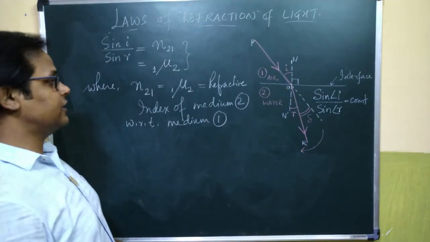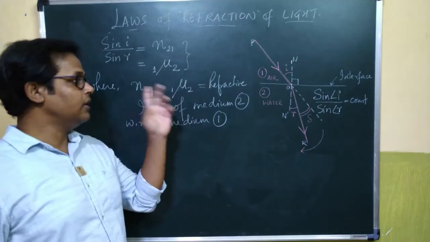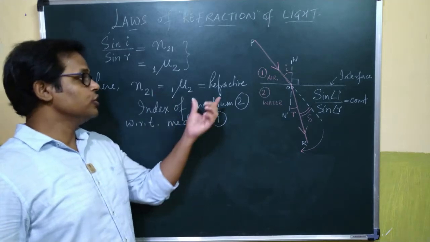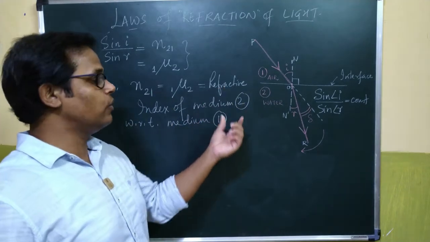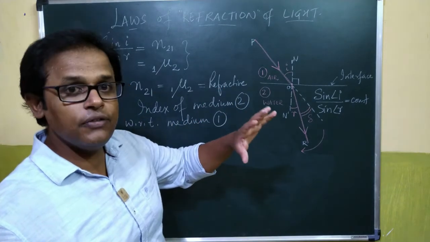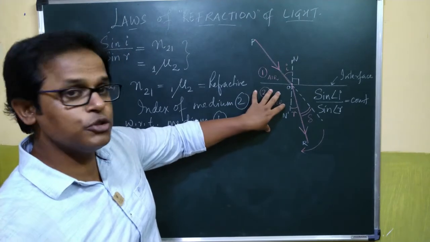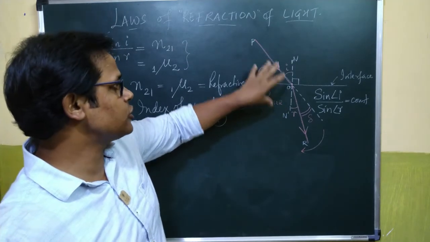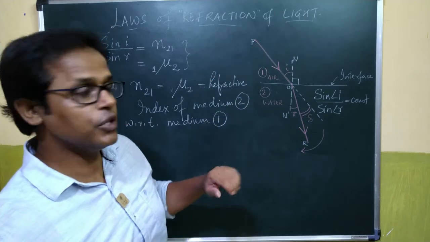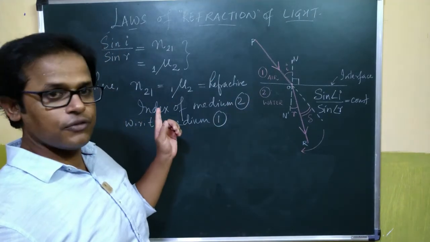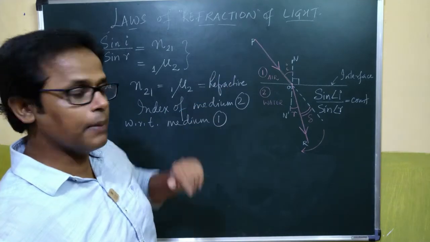That is the way to read this symbol, and the way to make use of the numbers 2 and 1. So you are calculating the refractive index or index of refraction of medium 2 with respect to medium 1. It also lets you know that 'with respect to' is super important, so the index of refraction is a relative number.